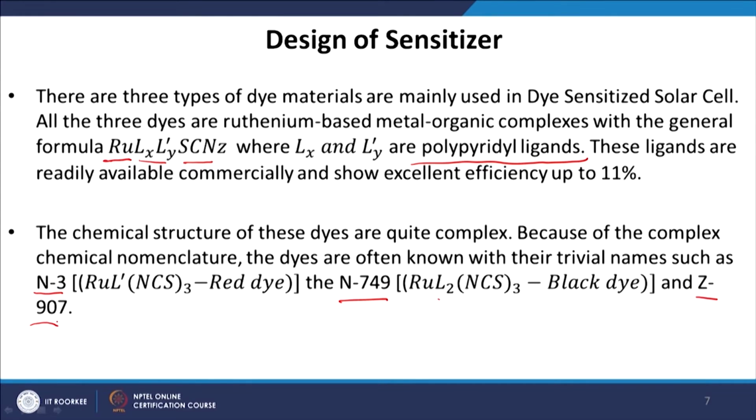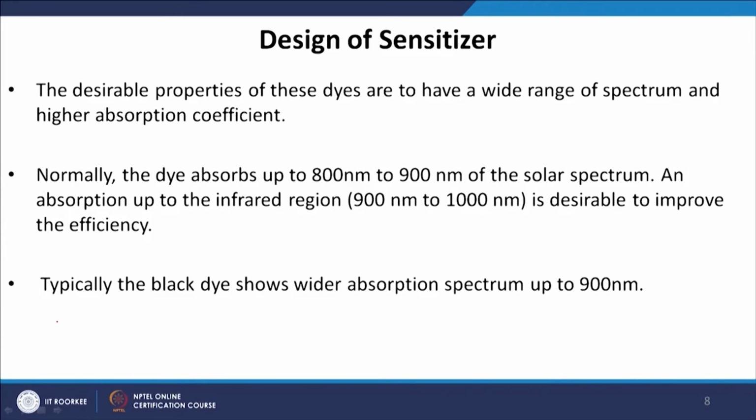These 3 dyes, N3, N749 and Z907, are commonly used for fabricating DSSC devices. They fulfill all the design criteria for an optimum sensitizer. The desirable properties of these dyes are a wide spectral range and a high absorption coefficient. Normally, the dye absorbs up to 800 to 900 nanometers of the solar spectrum, and absorption up to the infrared region, 900 to 1000 nanometers, is desirable to improve the efficiency.